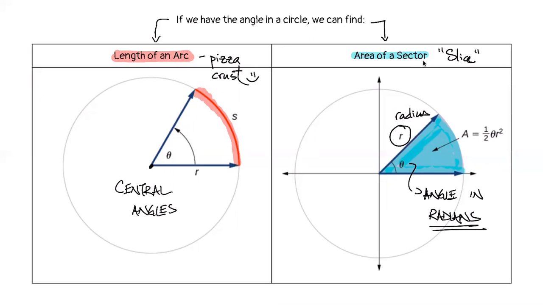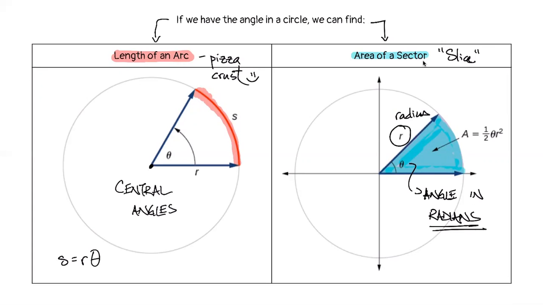Now let's go back to the length of an arc and talk about that formula. When we talk about arc, we use this lowercase letter s. And so s equals the radius times the angle.